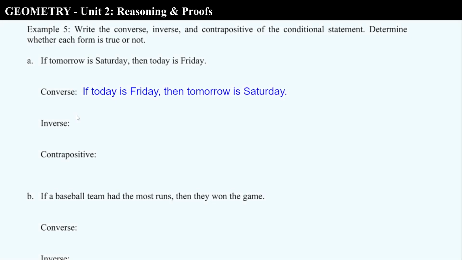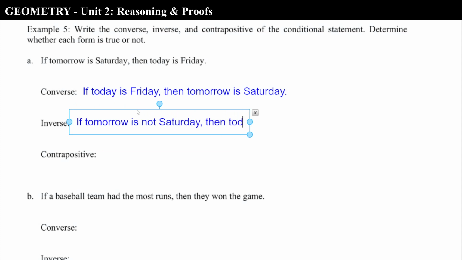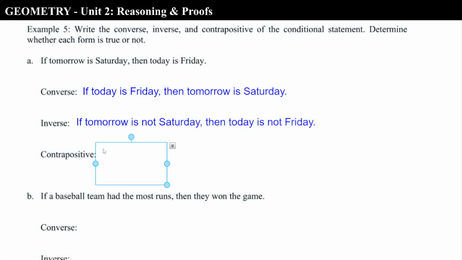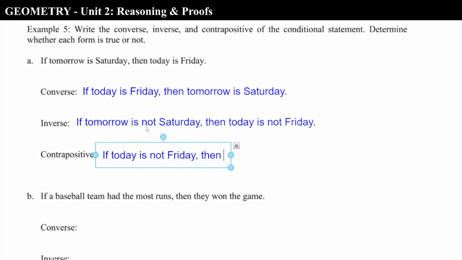The inverse, we put our nots in. If tomorrow is not Saturday, then today is not Friday. And then for the contrapositive, we flip it and we put in the nots. If today is not Friday, then tomorrow is not Saturday. So let's look at the truth values for all of these.